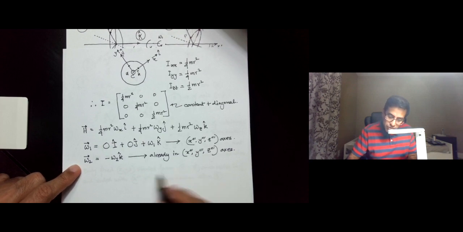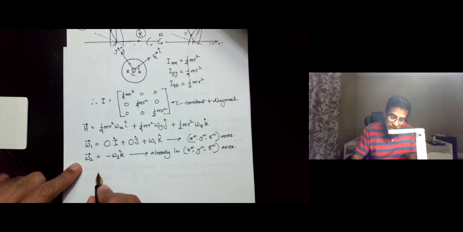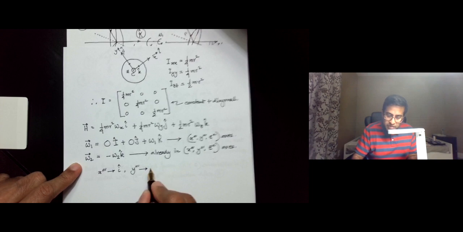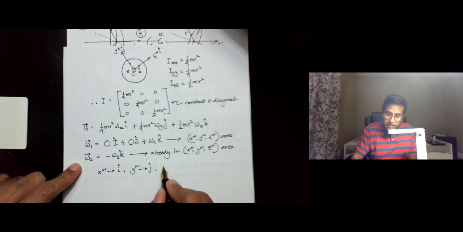So we should just mention that x triple prime will be represented by i, y triple prime will be represented by small j, and z triple prime will be represented by small k.